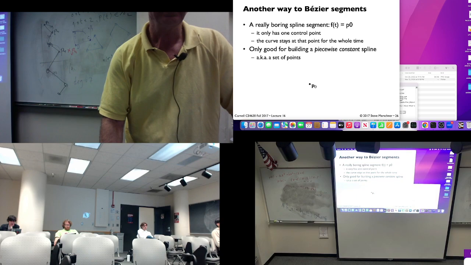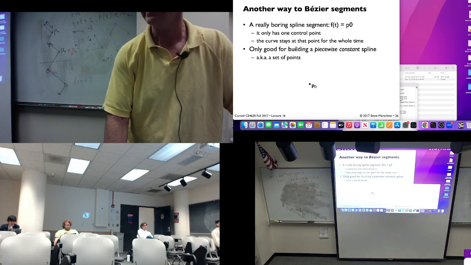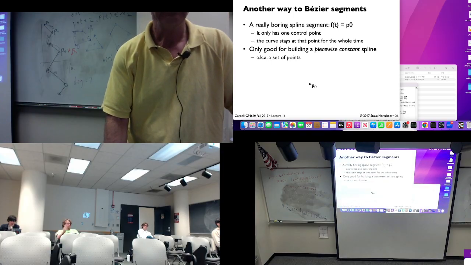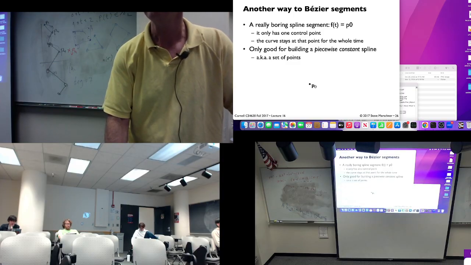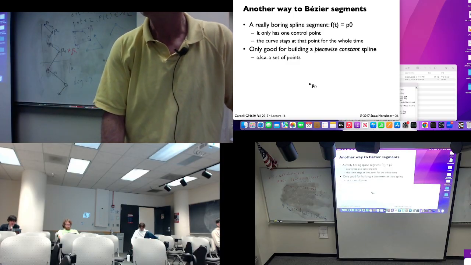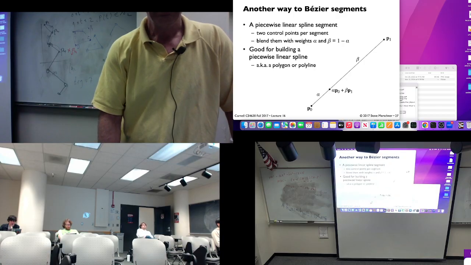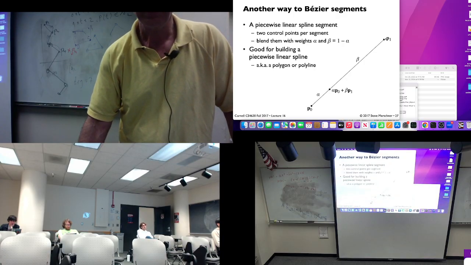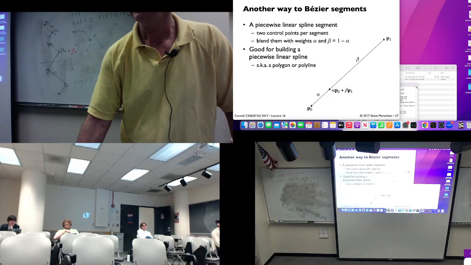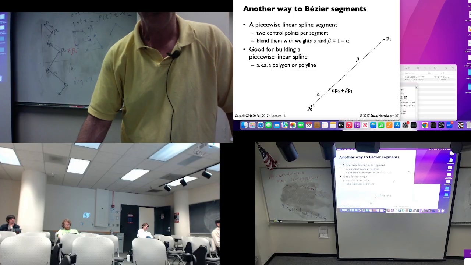What's very cool is, let's think about Bezier polynomial curves in yet another way. I have a point P0, and a Bezier curve of dimension 0 is just this point. Let's have a line that goes from P0 to P1, and let's define a Bezier curve of degree 1.